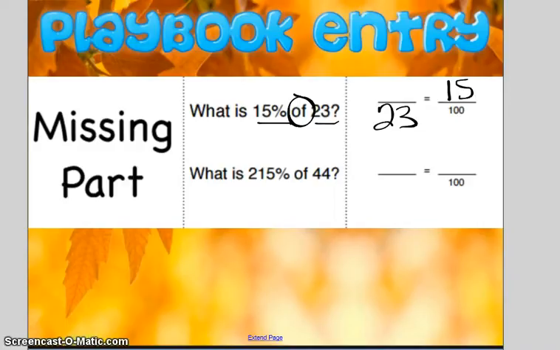So what I'm going to do is look at 23 to 100. Can't go nicely. So I'm going to take 23 and I'm going to multiply it by my 15. So I take 23 and I multiply it by 15.